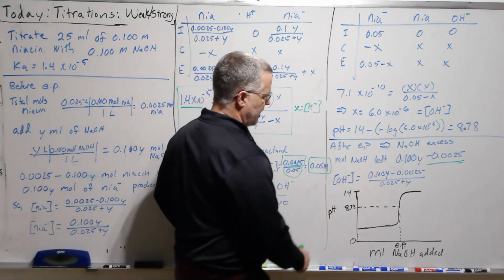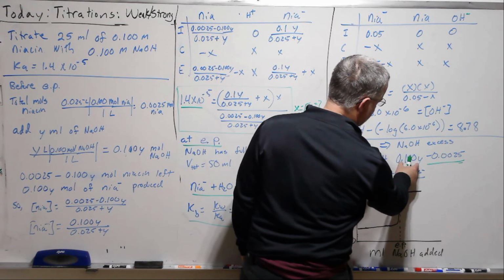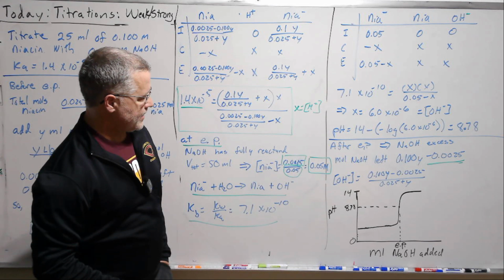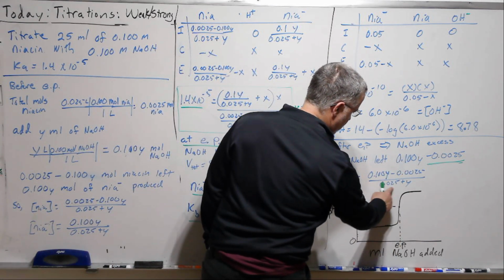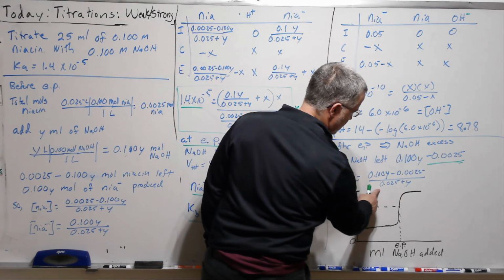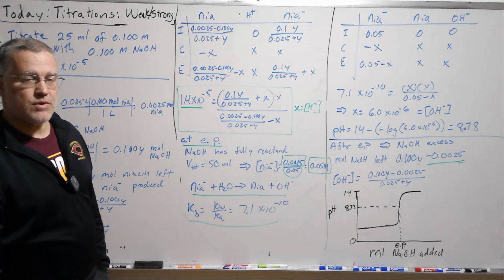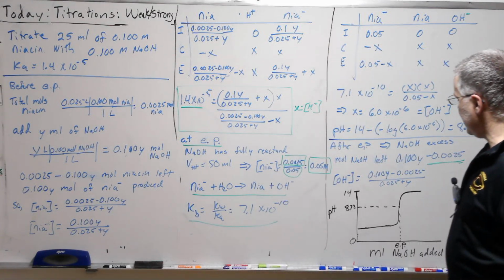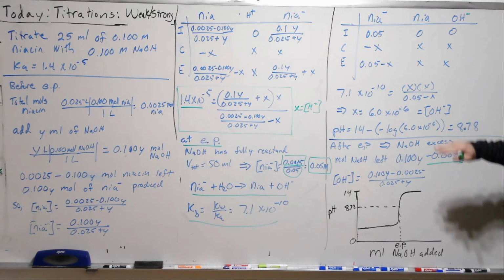And so we'll have 0.1 times Y minus this, and this number here is always going to be bigger than this because we're after the equivalence point. So we can get the concentration, just take that number of moles by the 25 mils right here in the form of liters plus Y. And then we would take the negative log of that to get the pOH, subtract that from 14, and we would get a pH somewhere above the 8.78, start to become basic.